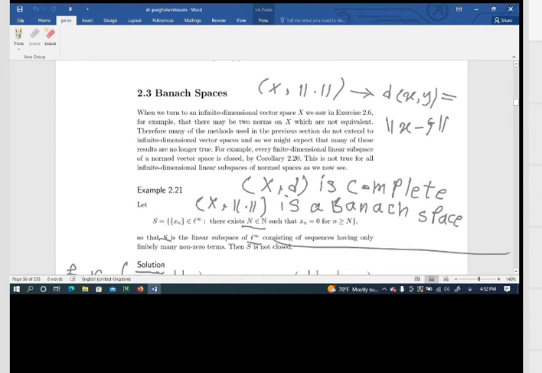For example, l infinity, the space of all bounded sequences xn.